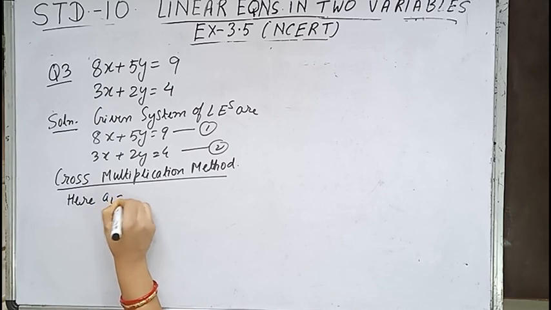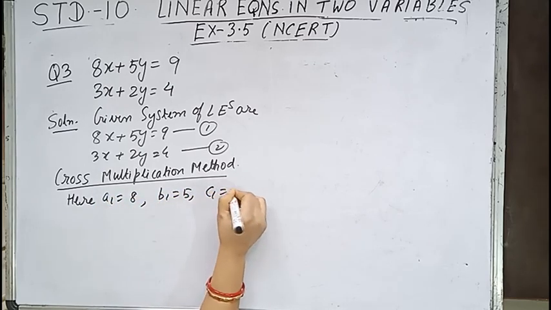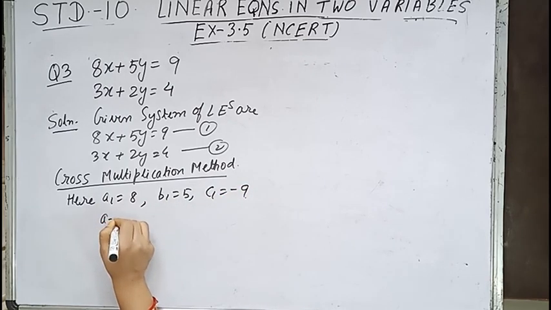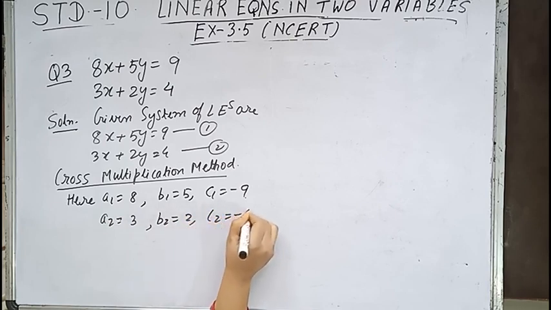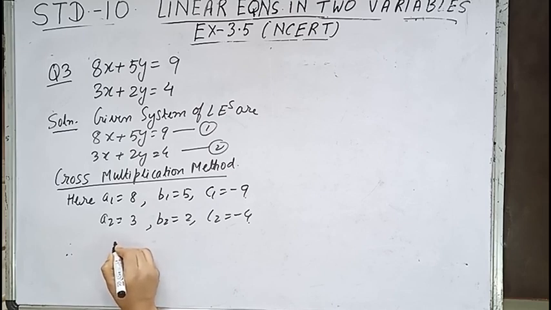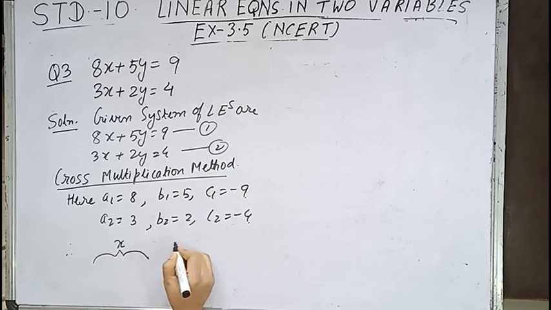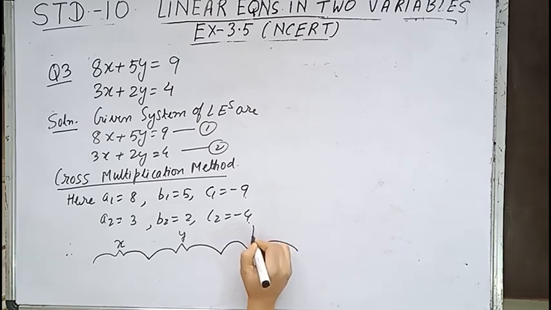Here, A1 equals 8, B1 equals 5, and C1 equals minus of 9. A2 equals 3, B2 equals 2, and C2 equals minus 4. Therefore, over here we will write x, y and 1.